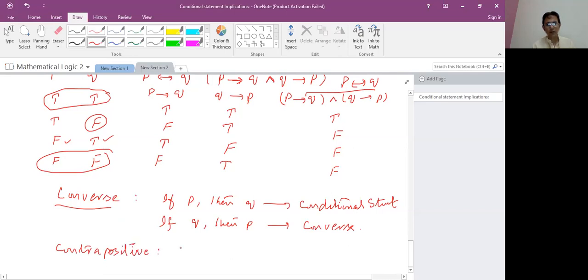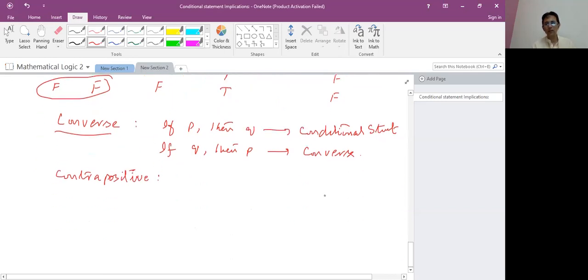What is contrapositive? If P, then Q, it is conditional.